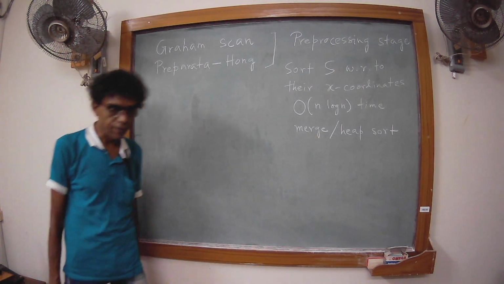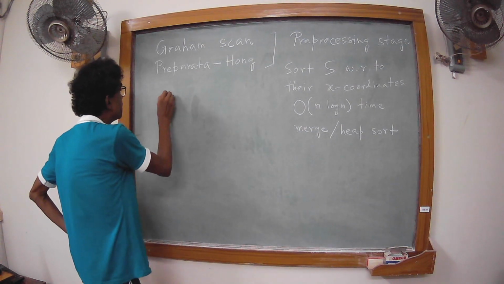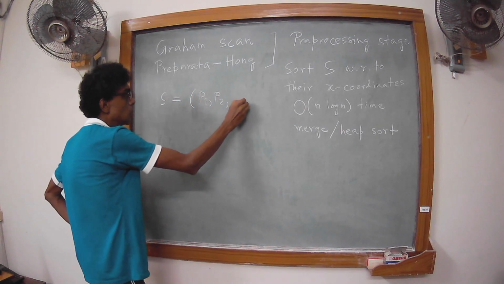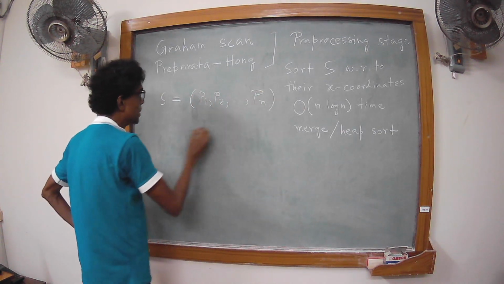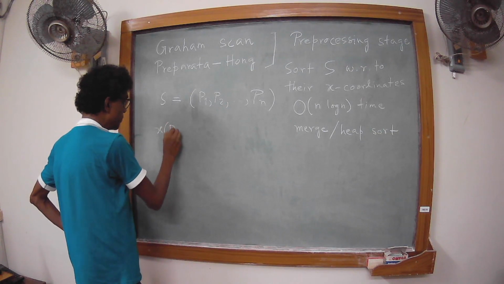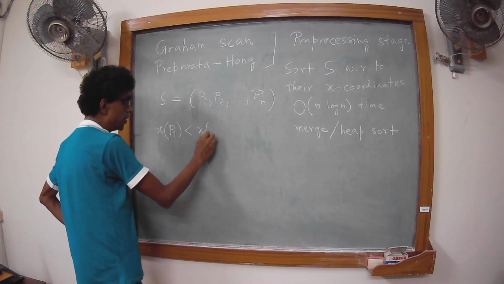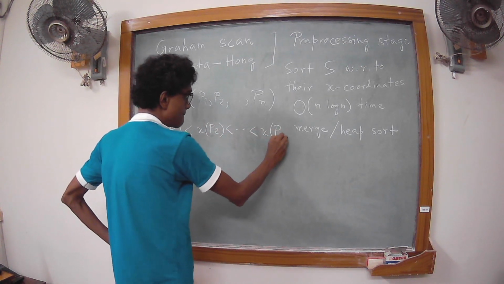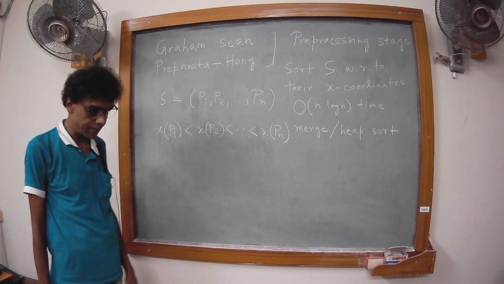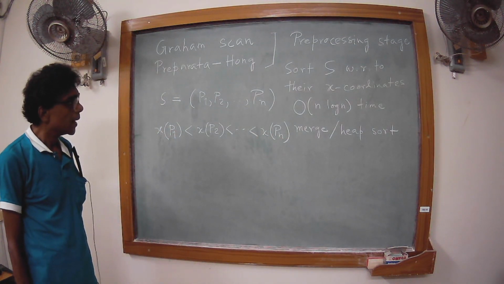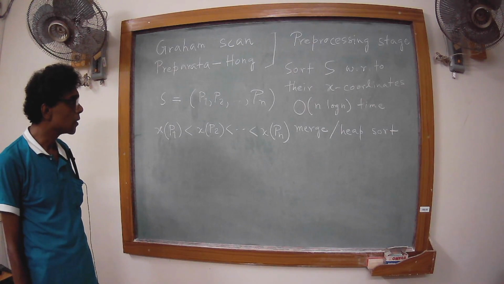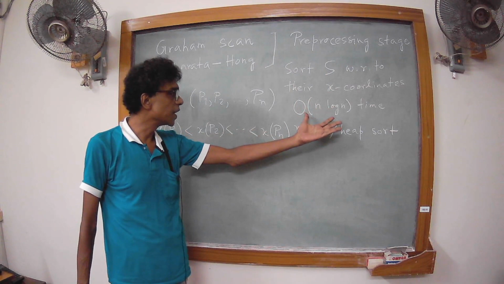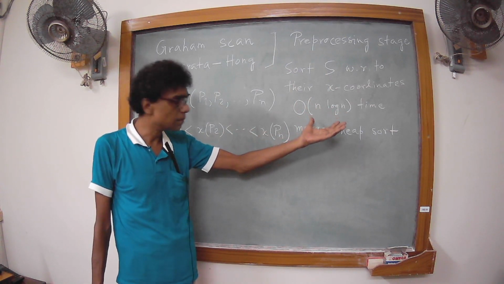So in view of that, I will now assume my input is P1, P2, up to Pn, satisfying x coordinate of P1 less than x coordinate of P2 and so on. Now we are going to achieve a running time of n log n. This preprocessing itself takes that much time, but that is no harm.